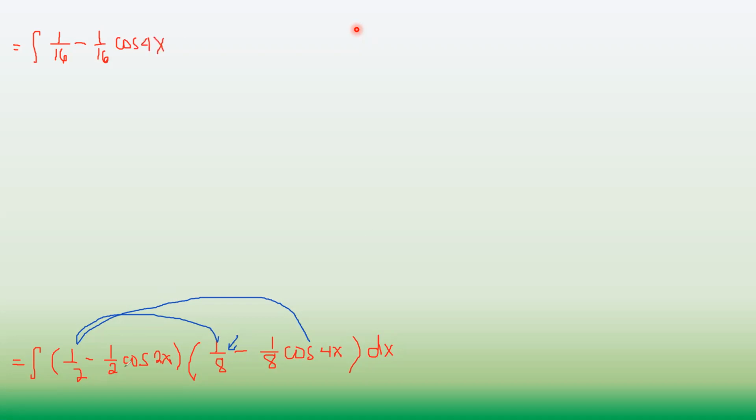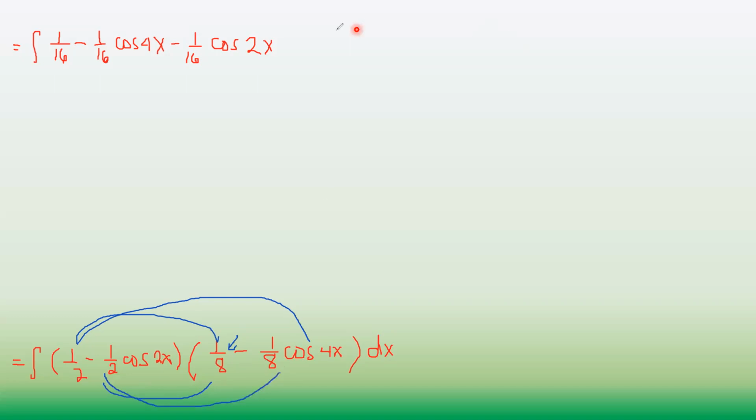Next, negative 1/2 cosine 2x times 1/8 is negative 1/16 cosine. Kaya minus 1/16 cosine of 2x naman. Last, negative 1 half cosine 2x times negative 1/8.